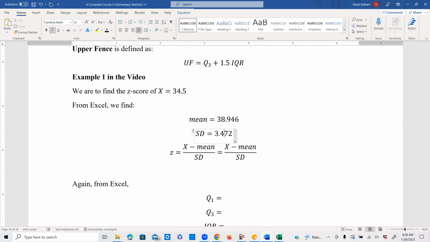So x is 34.5, mean is 38.946, and standard deviation 3.472.